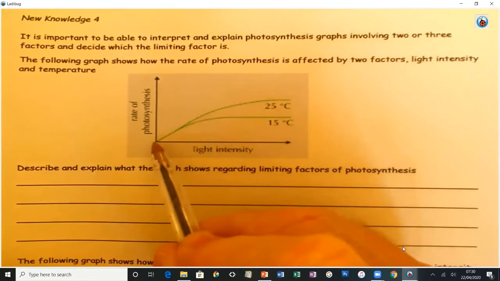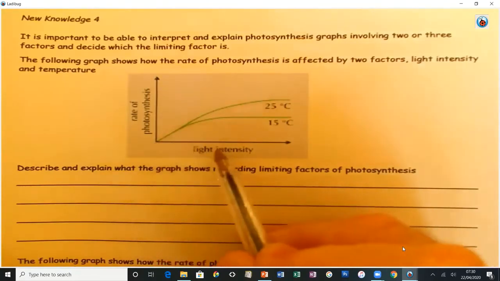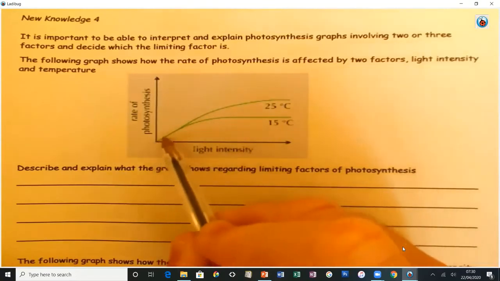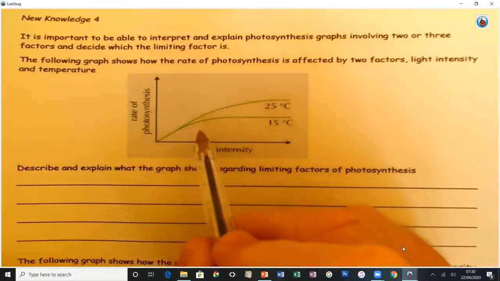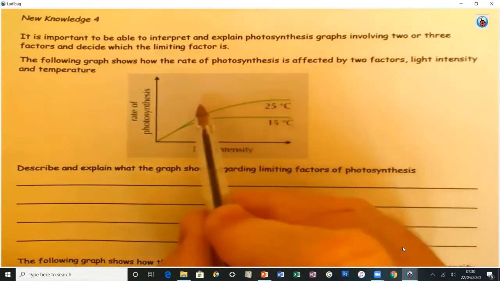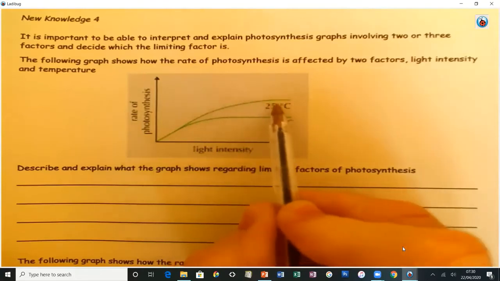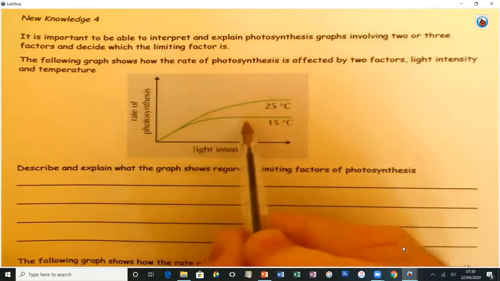If you remember, when light intensity increases and the rate increases, it's the light intensity that is the limiting factor. We can also see that the line at 25 degrees Celsius levels off at a higher point than the 15 degrees Celsius.